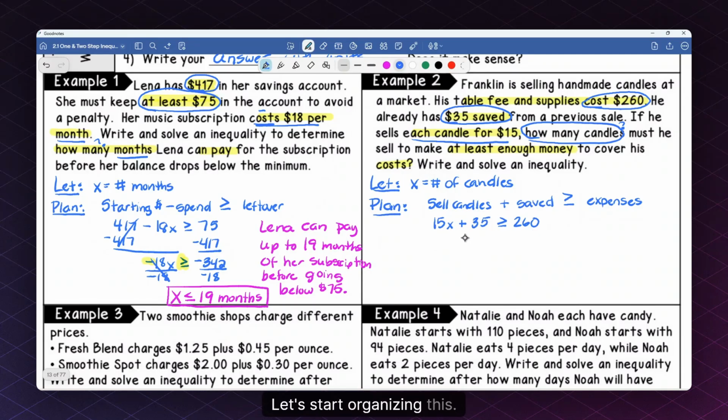Let's start organizing this. So I'm going to move my 35 over. Bring down my 15x is greater than or equal to 260 minus 35 is going to give me 225. Okay, so I'm going to divide by my 15.